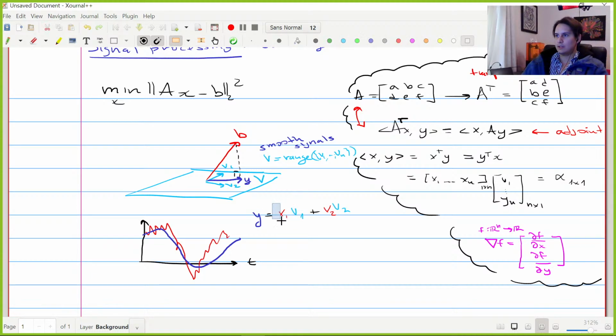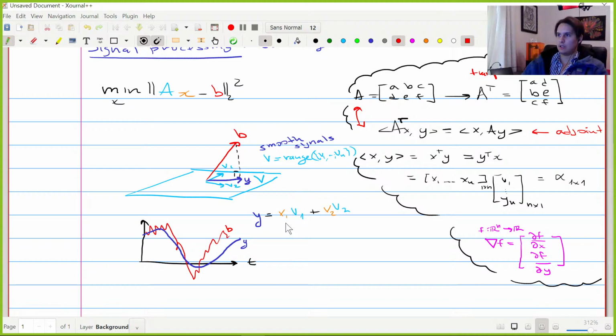So this x, let's put it in orange. The v will be red, and the matrix A that contains the vectors v1, v2, and so on is this one that is in light blue. Okay, so we can describe this y, that is the orthogonal projection of v, by using a linear combination of the bases.